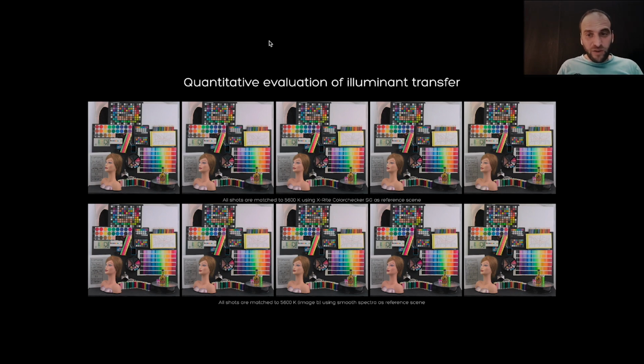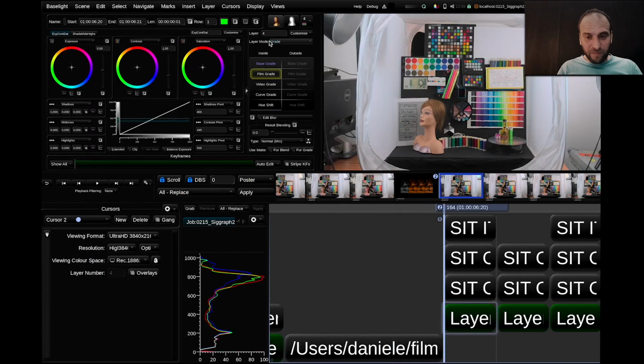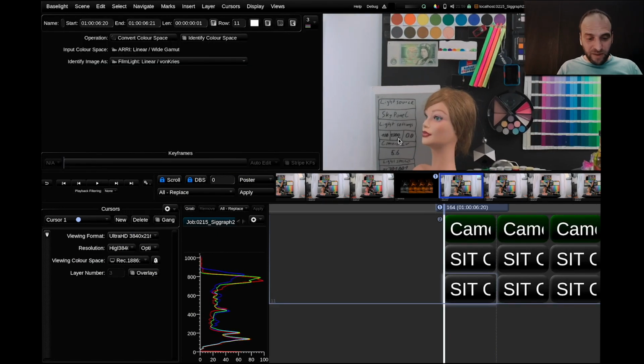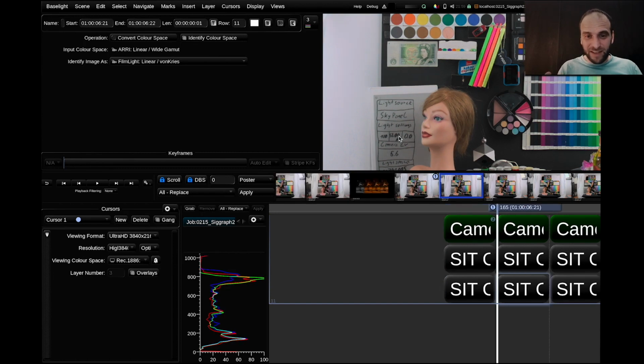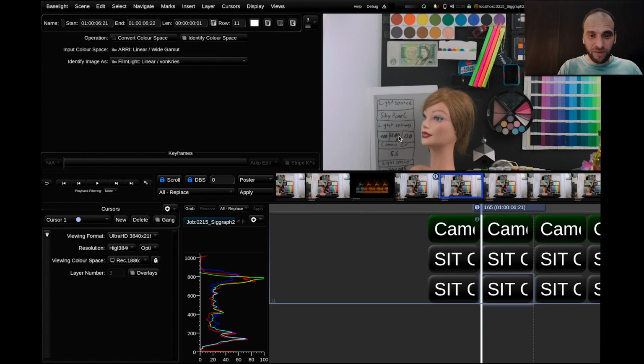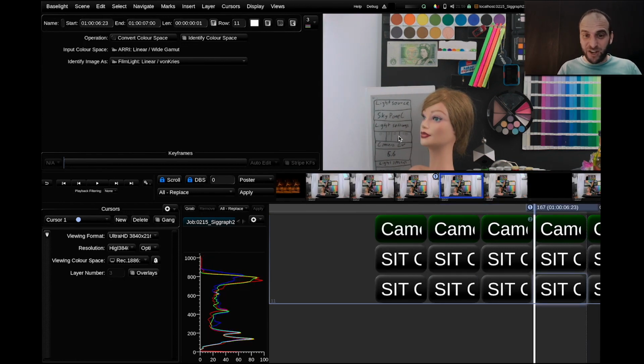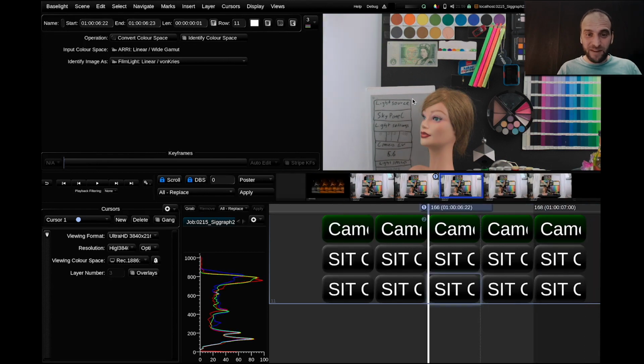For this, we are going to reuse the shots we have covered earlier, because we have also measured the illuminant spectrum for each and every shot. So let's see if we can match the 2800 to the 5600, and the 10,000 to the 5600, and the white only to the 5600, and the RGB only to the 5600.